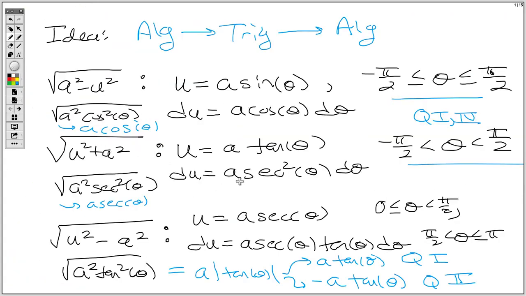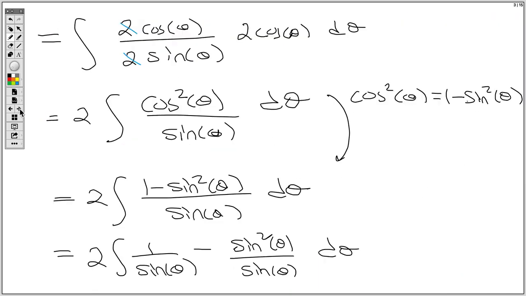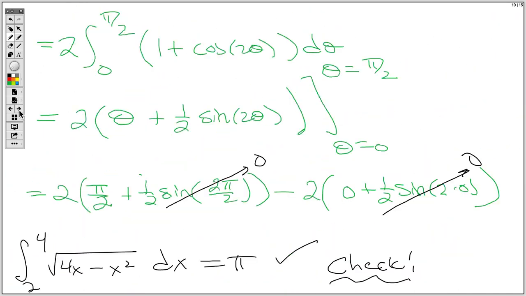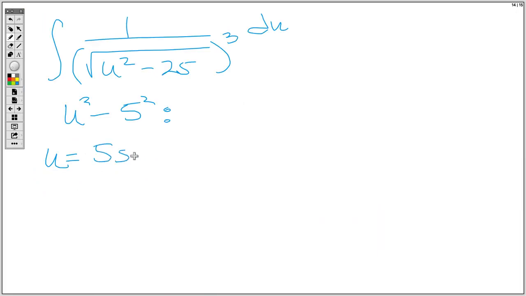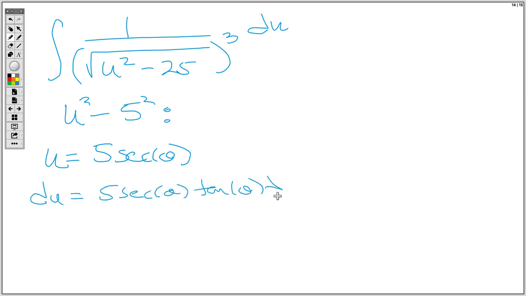Let's go back here. With the tangent, it's tangent squared plus 1 is secant squared. That's how you get the secant squared there. So we want secant. It's secant squared minus 1 is tangent squared. So yeah, we'll let u be, in this case, 5 secant of theta. So the du would be 5 secant of theta, tangent of theta, d theta.